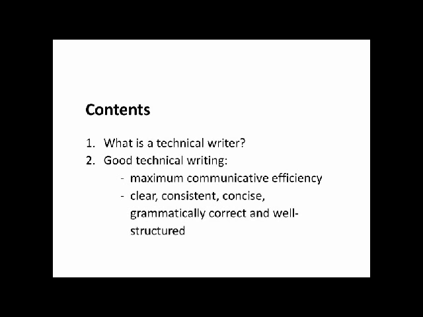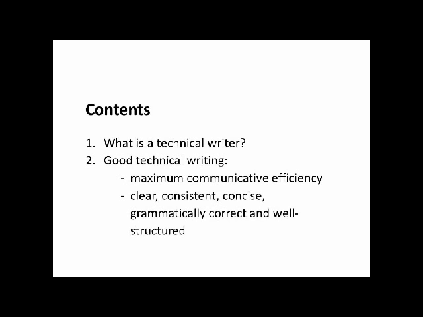So that's why I'm using those words and that term there. And I'm also going to talk about 5 main principles of effective technical writing, and they are ensuring that your writing is clear, consistent, concise, grammatically correct, and well structured. So there are a few tips for each of those areas that I'm going to run through.